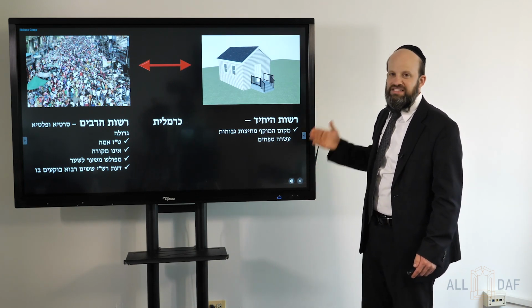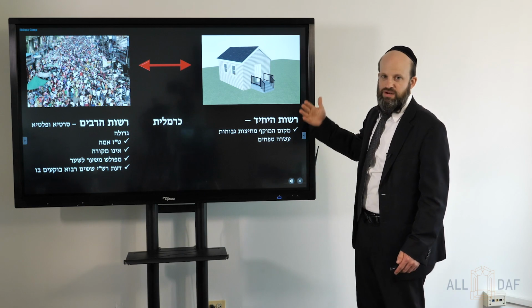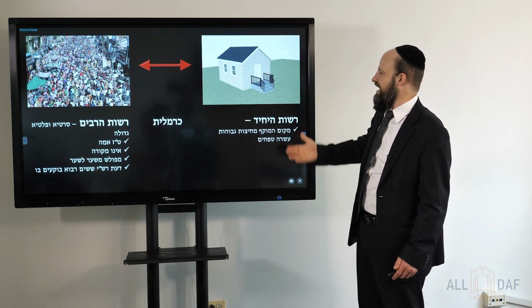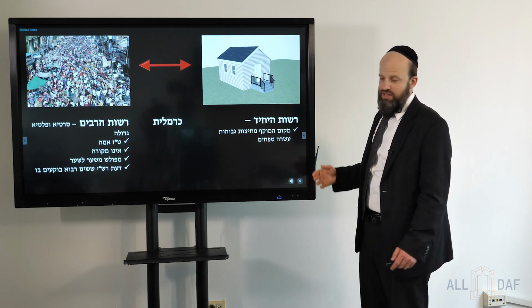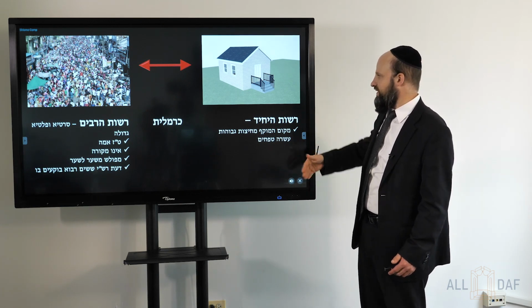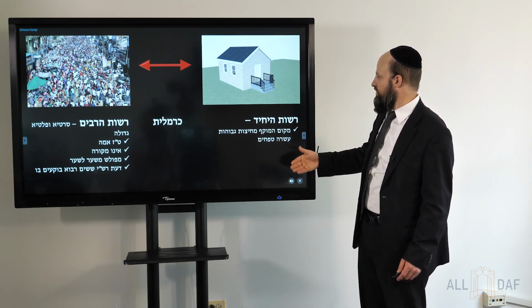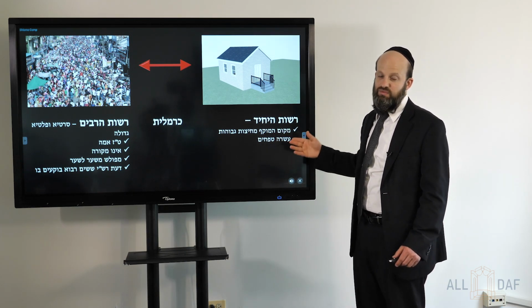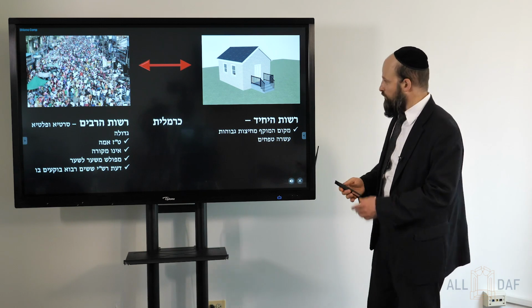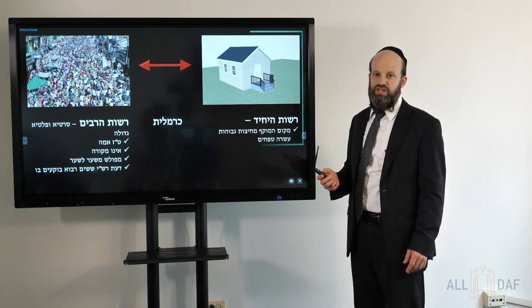So, on a deraisa level, there's no point in trying to create a Rishus HaYachid. There's no benefit of having a Rishus HaYachid. However, on a derabanan level, the Rabbanan say we're not going to allow you to carry unless the area is a complete and total Rishus HaYachid, and went even beyond that. And that's what the first three topics of Eruvin really relate to.